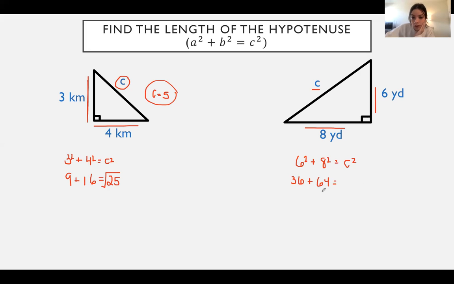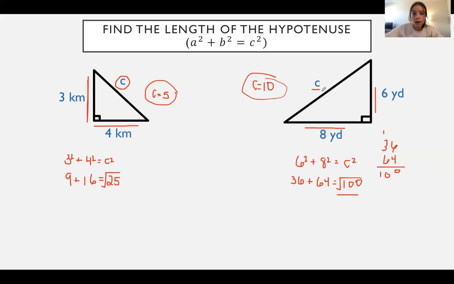These are two bigger numbers, so we do our addition here: 36 plus 64, we get 10, bring up the 1, and then we get 100. So 36 plus 64 is 100, and the square root of 100 is 10. So c in this problem equals 10.